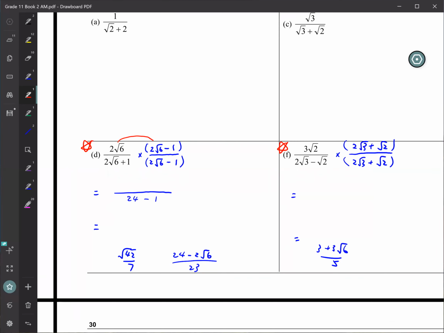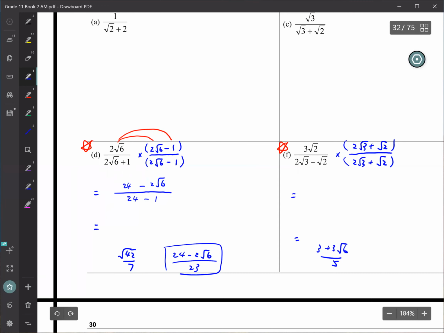So that's 24, and then minus, and then you multiply the second one times a 1. So that's minus 2 root 6. Okay, so 24 minus 1, that's 23. And there's nothing you can add or subtract on the top. So answer is that. Okay.